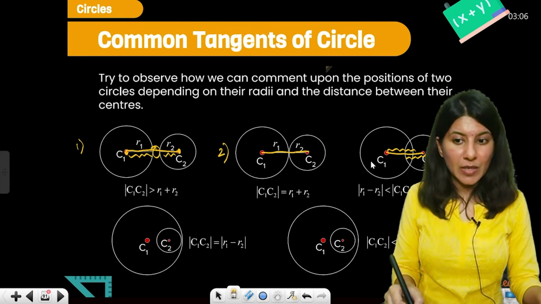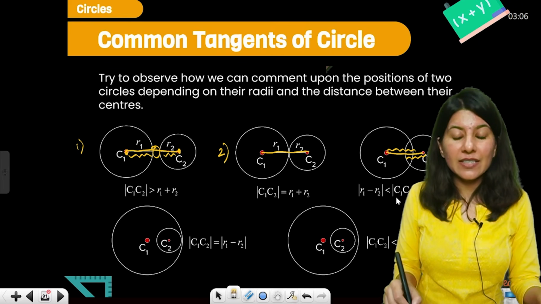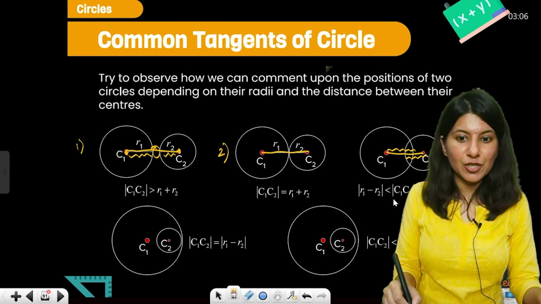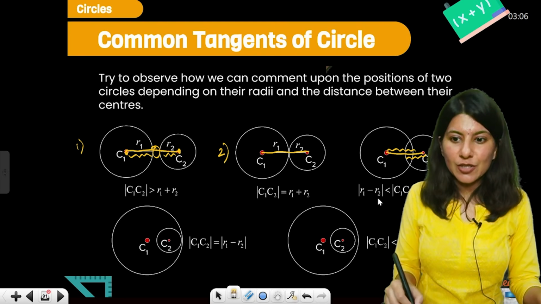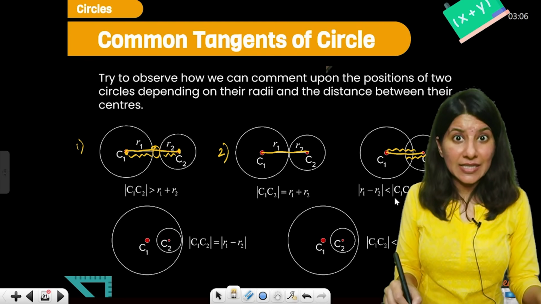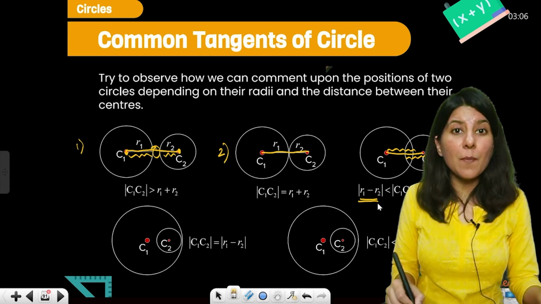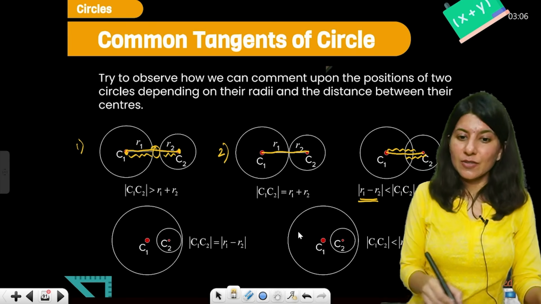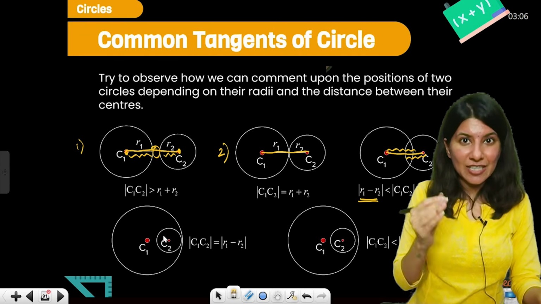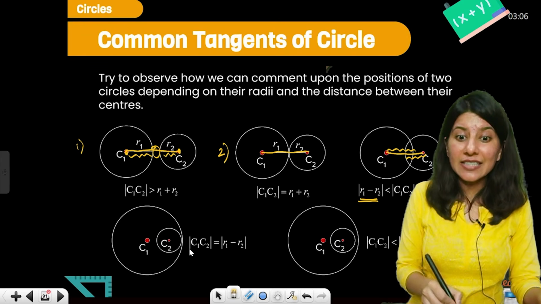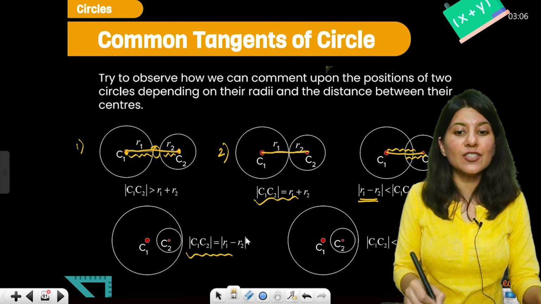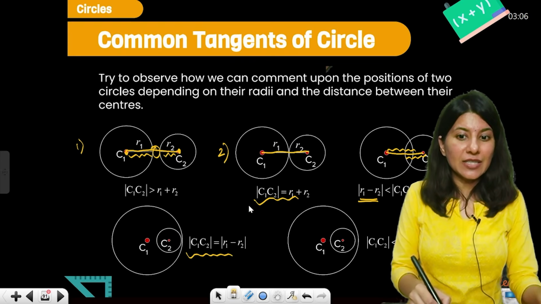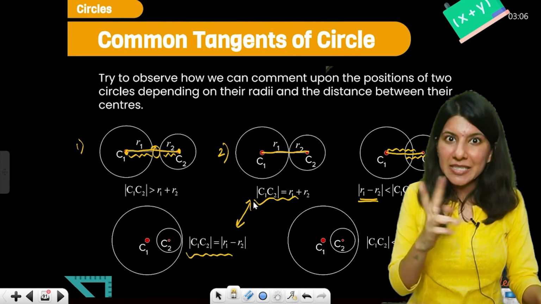But what will happen over here, you have to apply one more condition. That condition will be C1 C2, the distance between centers, equals R1 minus R2. So now one circle is touching the other internally. This is internal touching, this is external touching.